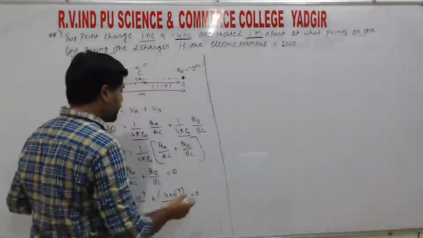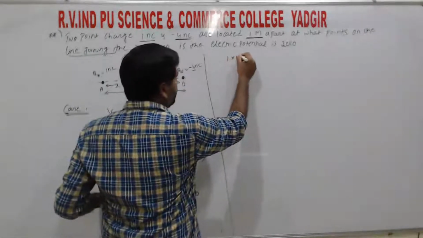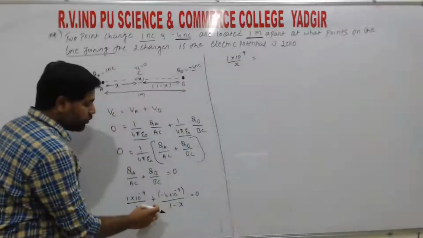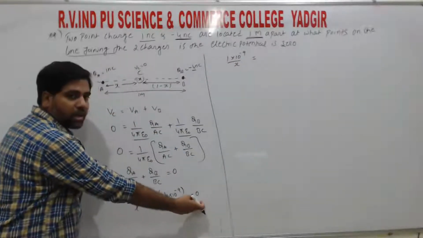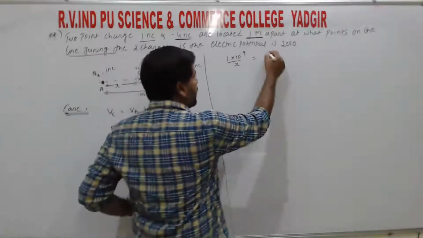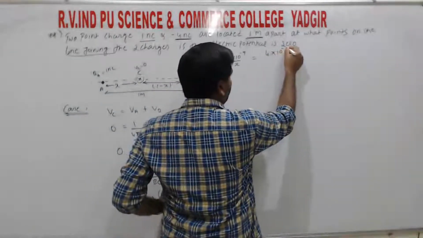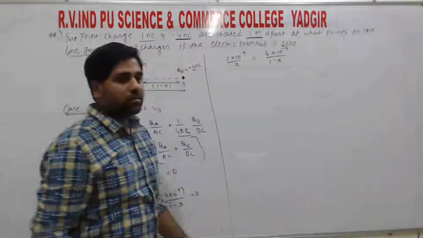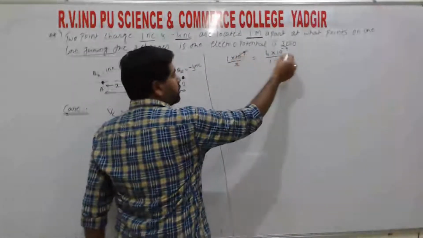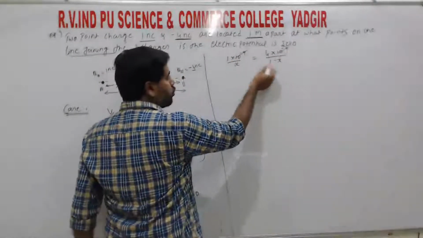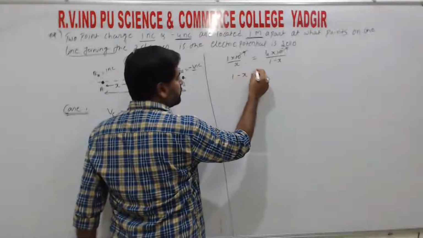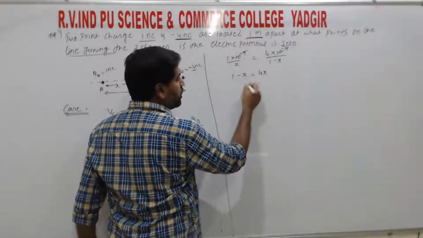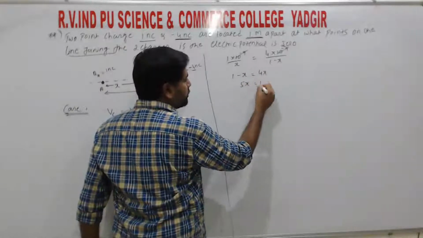So here again, we write 1 into 10 to the power of minus 9 by x. Here plus into minus is minus. If we shift to the RHS, it becomes plus: 4 into 10 to the power of minus 9 divided by 1 minus x. The 10 to the power of minus 9 gets cancelled. Cross multiplying, 1 minus x equals 4x. If we shift this x to the RHS, it becomes 5x equals 1.